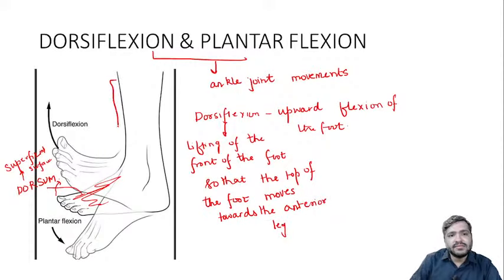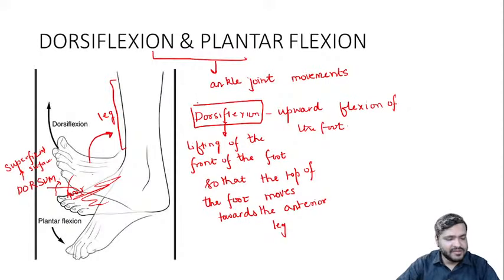You can see that this is the leg part and this is the foot. It is a movement in such a way that the foot is coming closer to the leg. So it is dorsiflexion.